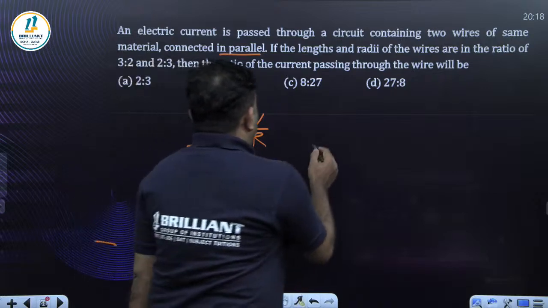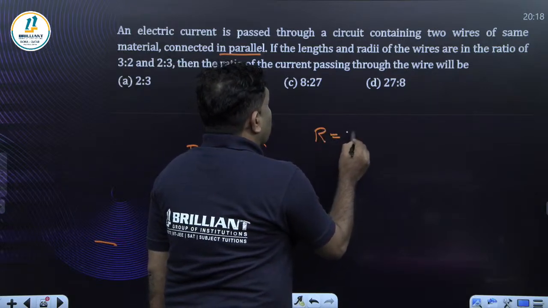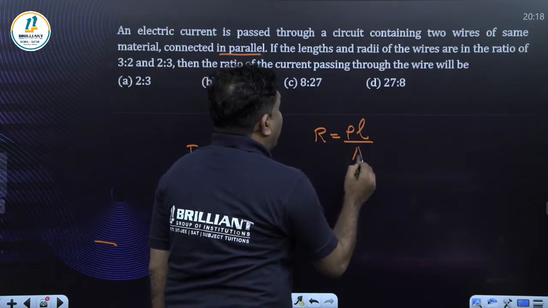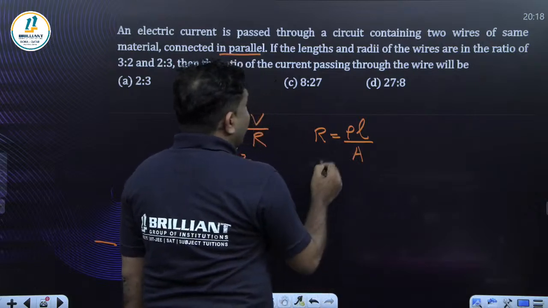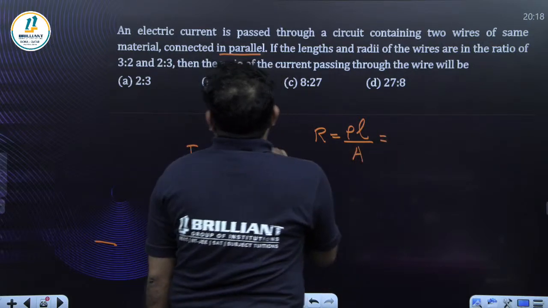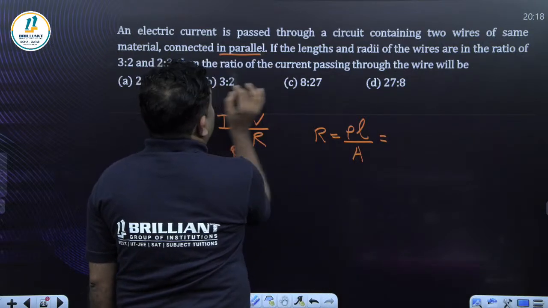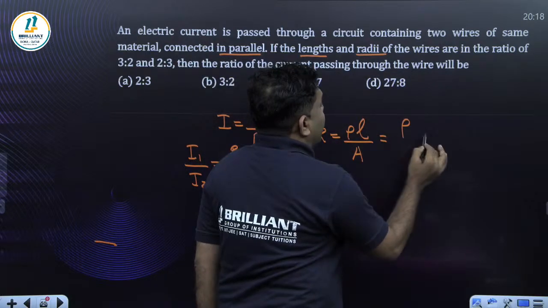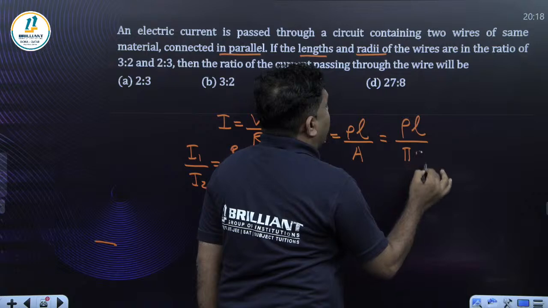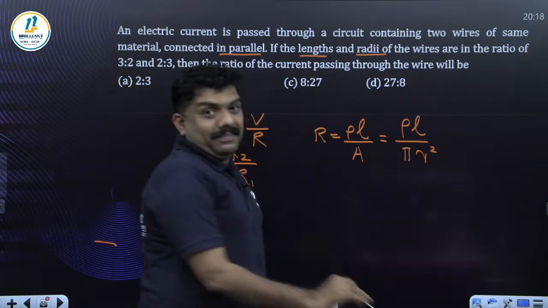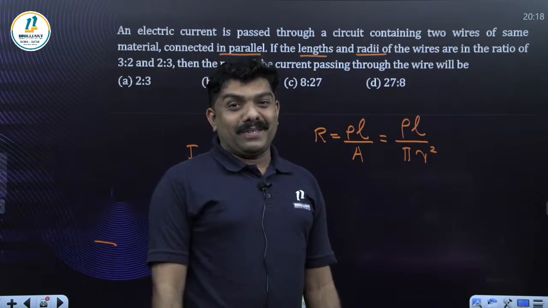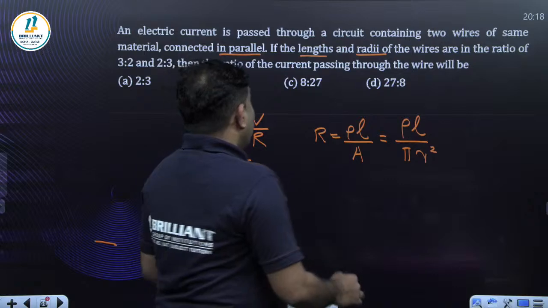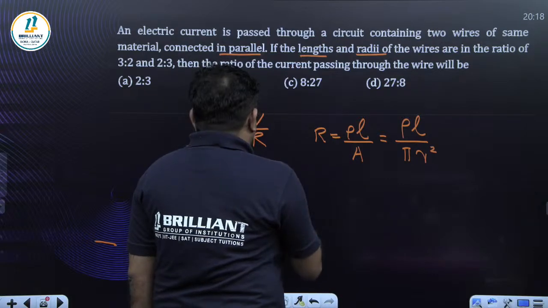R is equal to rho L by A, but here the radius is given, in this question, length and radii. So I can write R as rho L divided by pi R squared. Now here, suppose I am writing R2 by R1.